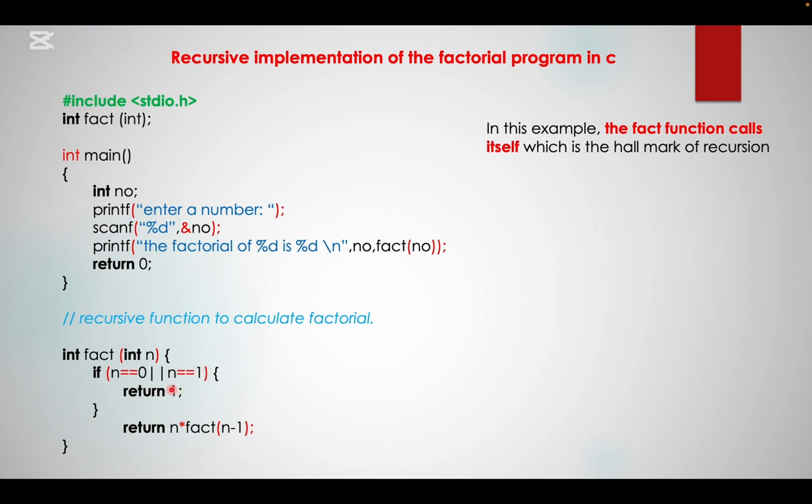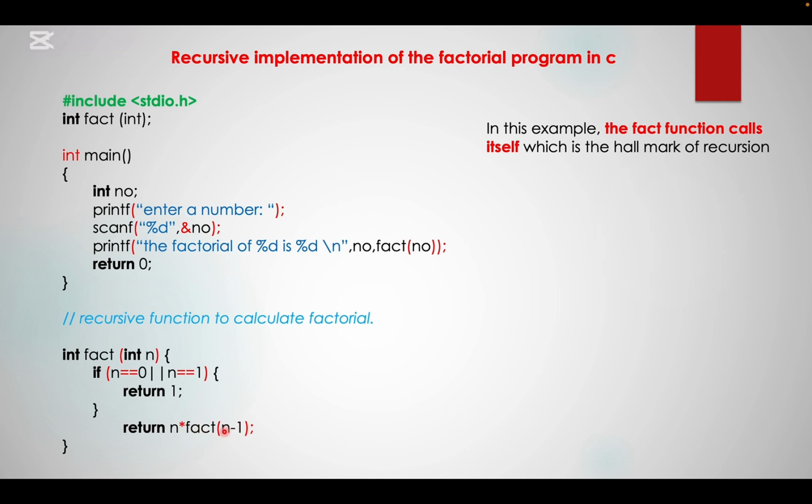The factorial of 0 and the factorial of 1 are equal to 1. So if the user enters 0 or the user enters 1, the answer is 1. You see, right? Else, return n times the factorial of n minus 1.